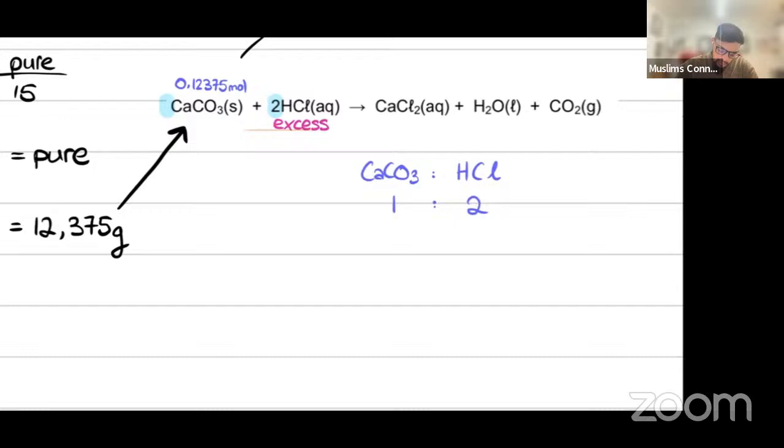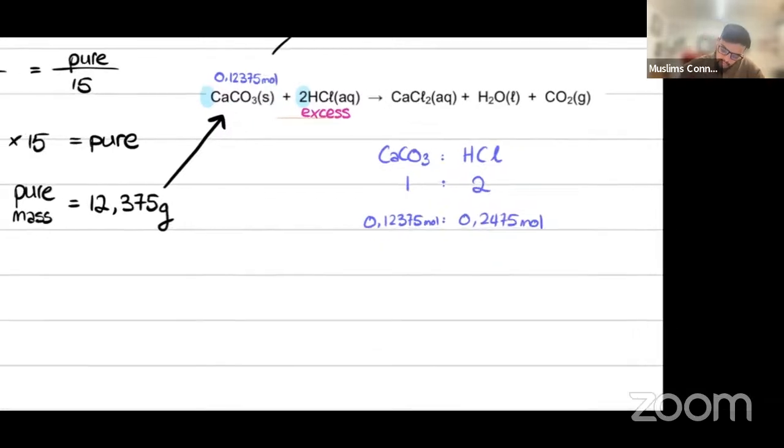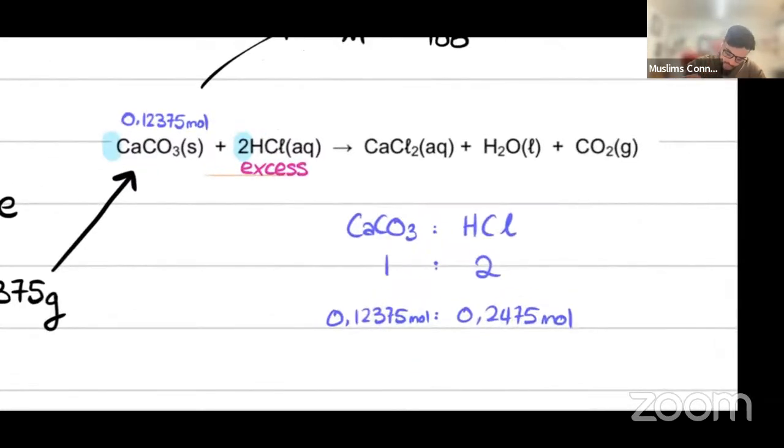So if this is 0.12375 moles, this will be, let's multiply that by 2, 0.2475 moles. That's the 1:2 molar ratio showing right there. So now we have utilized the molar ratio to get the moles of this.